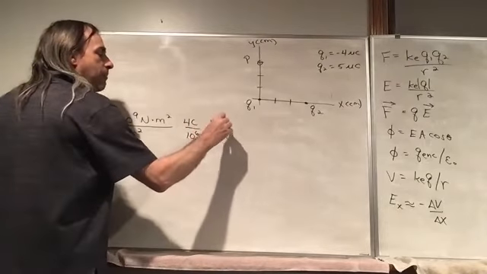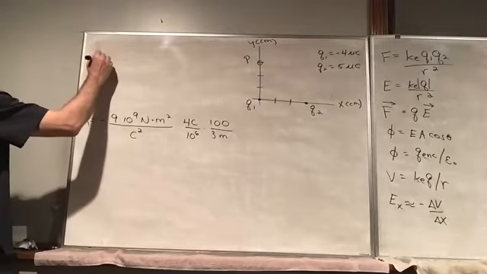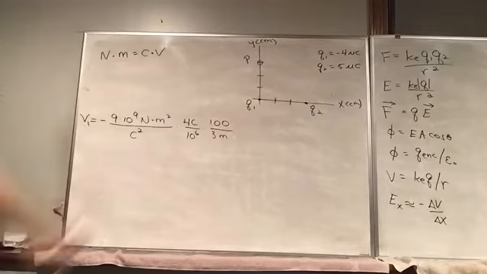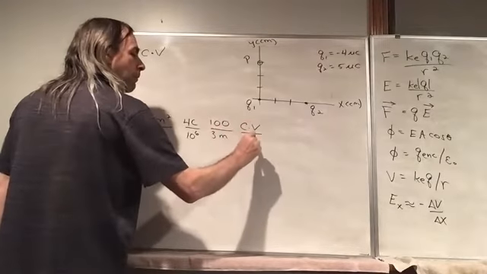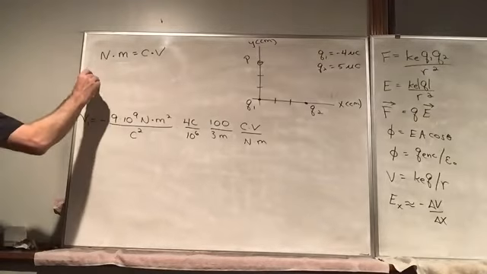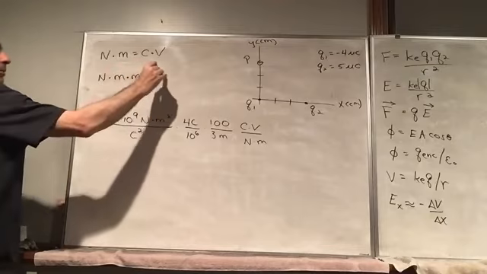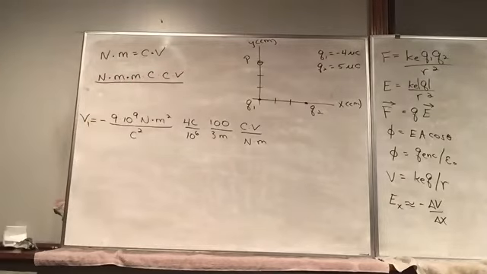Now we do want to get volts out of this. So we're at unit conversion factors. We have a newton times a meter is equal to a coulomb times a volt. So let's throw that on there and see what we get. We have newton, meter squared, coulomb, and volt. Everything should cancel out except for that volt.